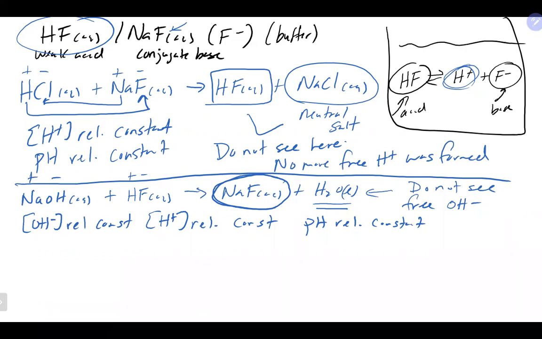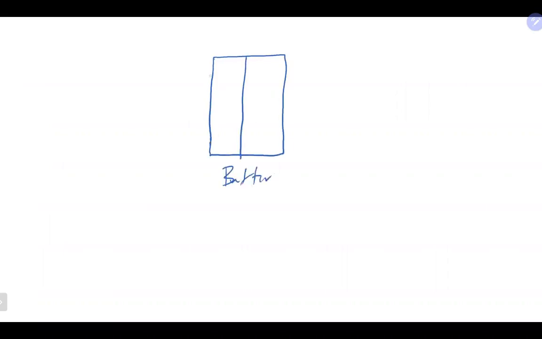Question on that there. So just a graphical representation here. If we had a buffer and we have an acid part and we have a base part of the buffer, when we add additional acid to the buffer, it will use up some of the base part, but it will make some of the acid part.